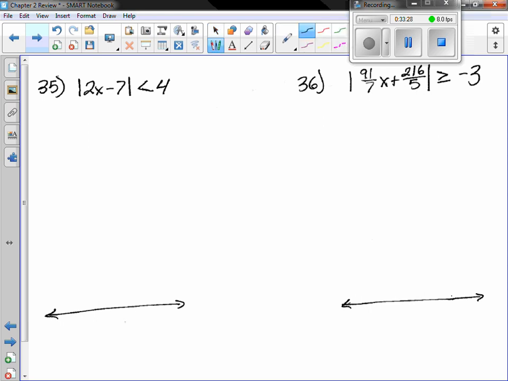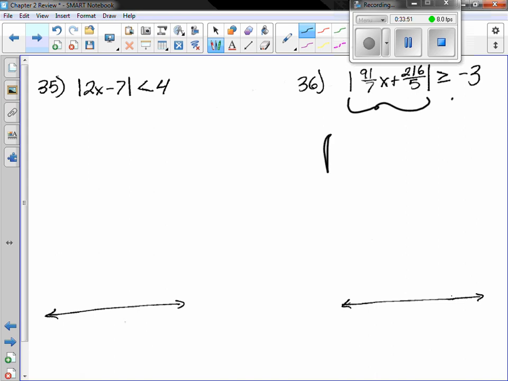Now, looking at 36, the absolute value bars are by themselves, yes? There's nothing being added outside, nothing being multiplied outside, yes? And what do we know about absolute values? They will always be greater than or equal to 0, yes? So this here will always be greater than or equal to a negative number, yes?